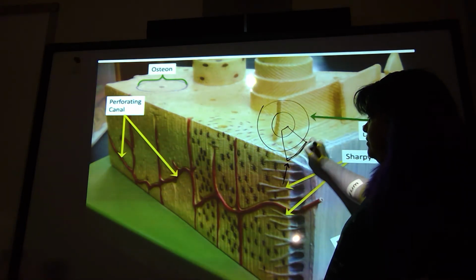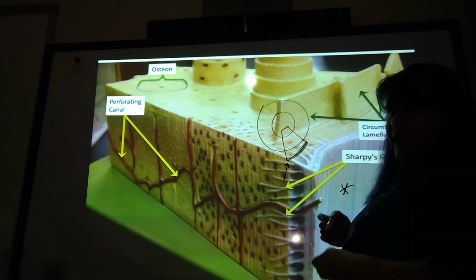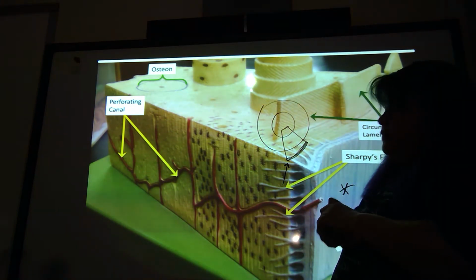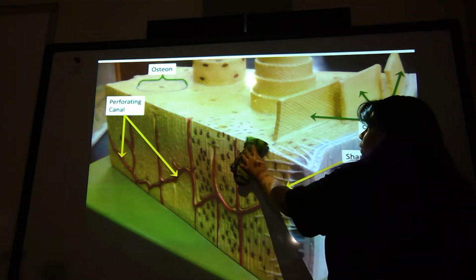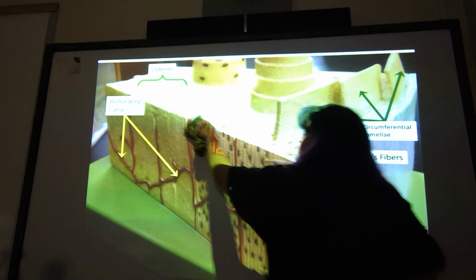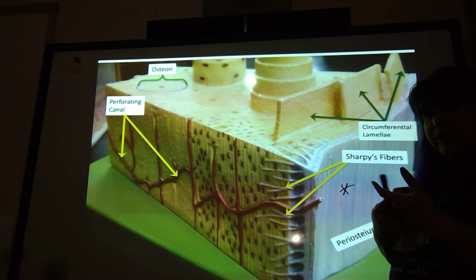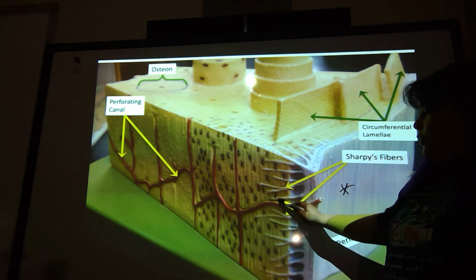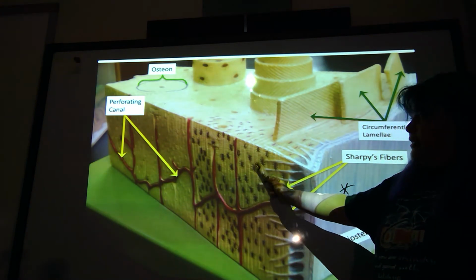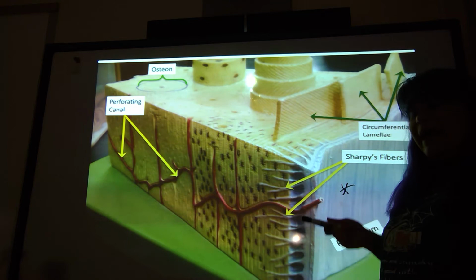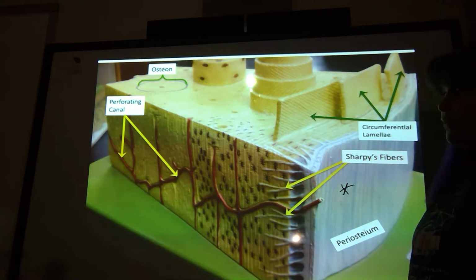So this outside is going to be here, okay? So what you have here is actually the compact bone along the outer edge. You've got the perforating canals, you've got the central canals, and here, these things that look like little roaches are actually the osteocytes. They're the living cells within the bone itself.